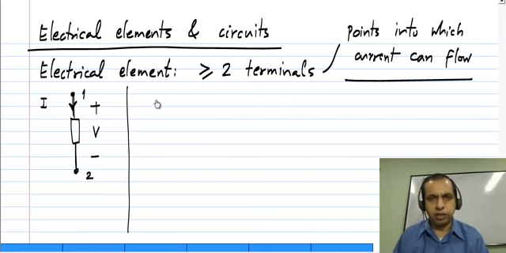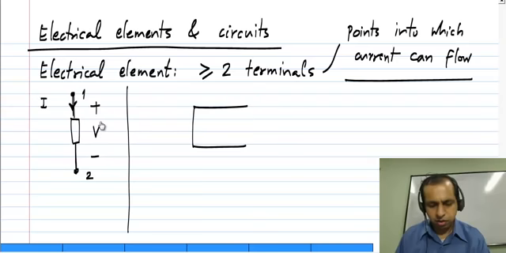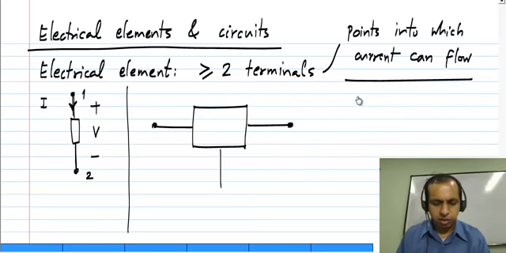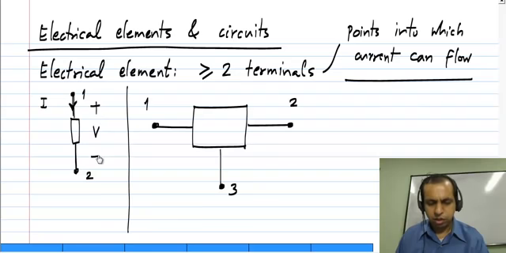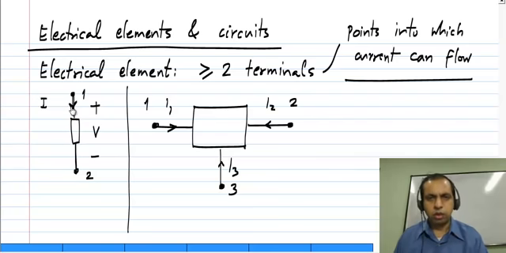Now, of course, we can have electrical elements with more than two terminals. So, we can have an element like this which has three terminals. We can have currents going into all three of them, and we can also measure the voltages between any two of those terminals.